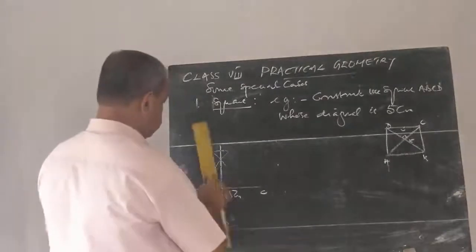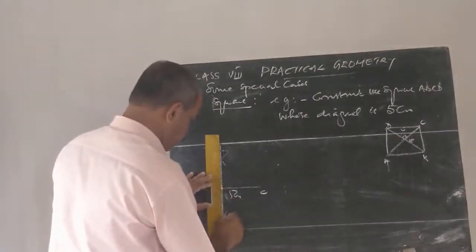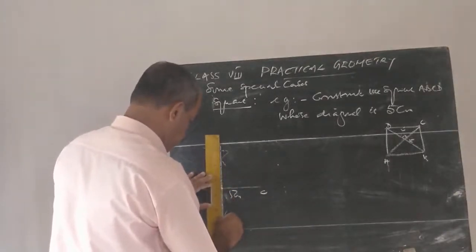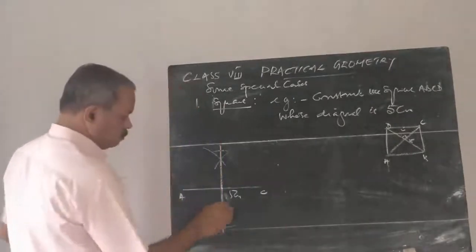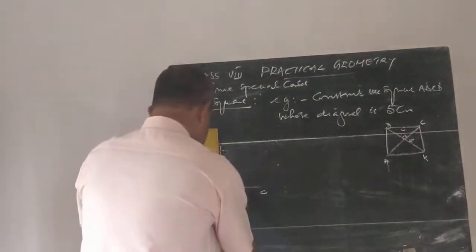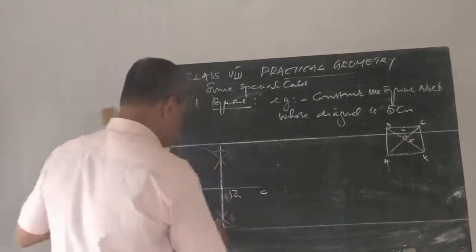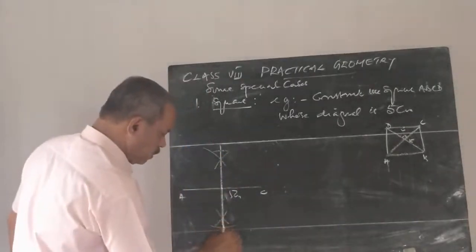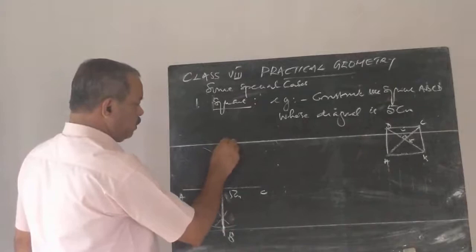So here this is the point B, this is the point D. Then join.